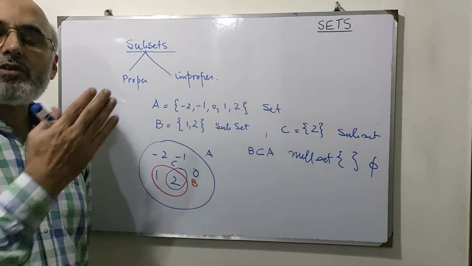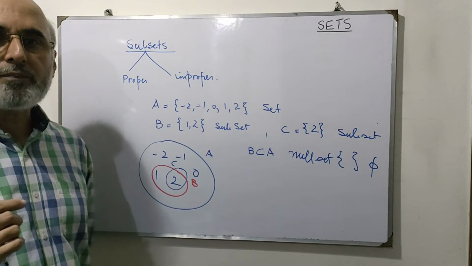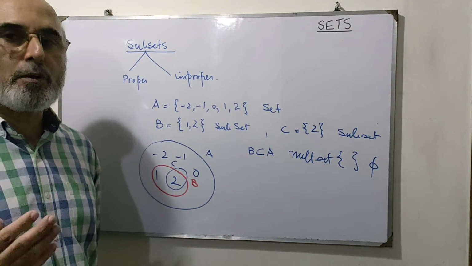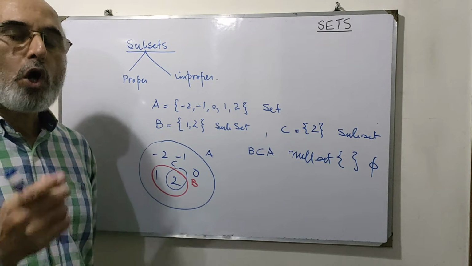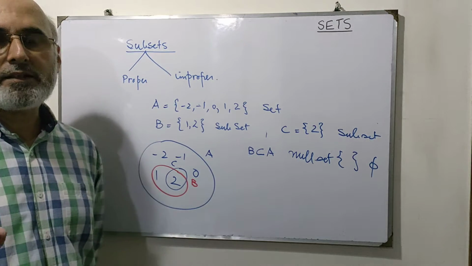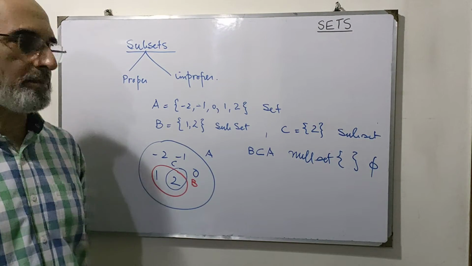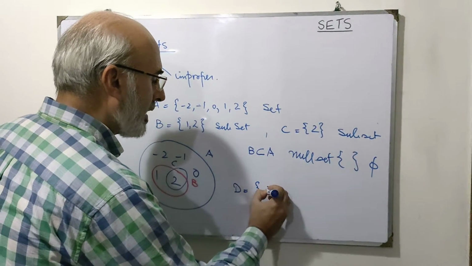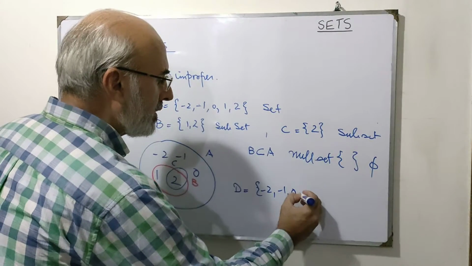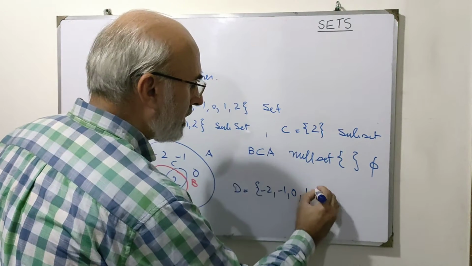So this was all about proper. Then what is an improper subset? If any subset contains all the elements of the set, then it is an improper subset. Suppose D is equal to -2, -1, 0, 1, 2.